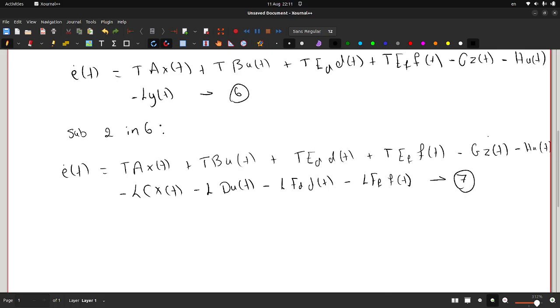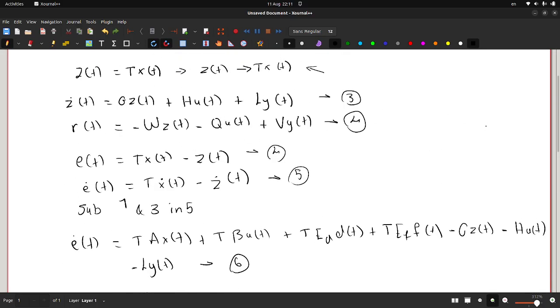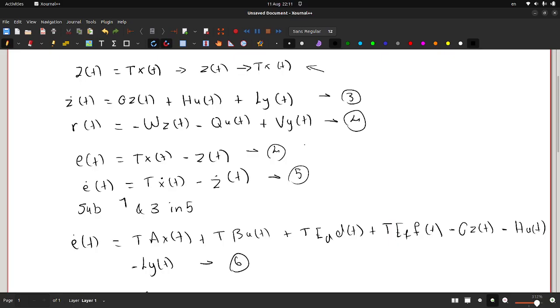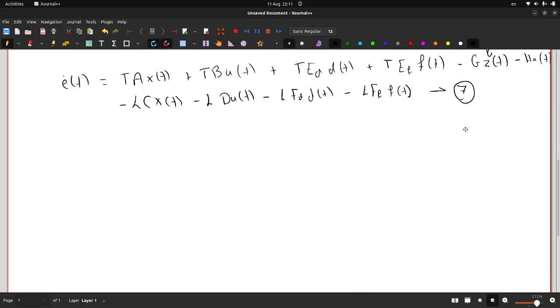Now we want to get rid of this z, so let us substitute. We can rewrite this as z of t equals Tx of t minus e of t. So let us substitute 4 in 7.